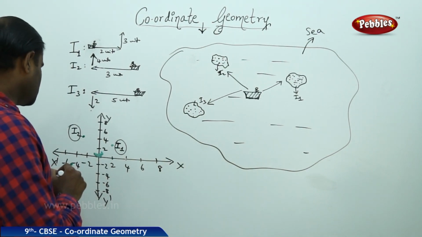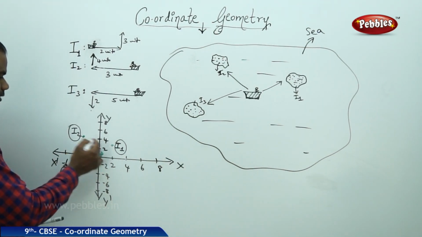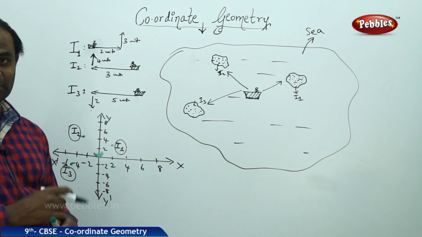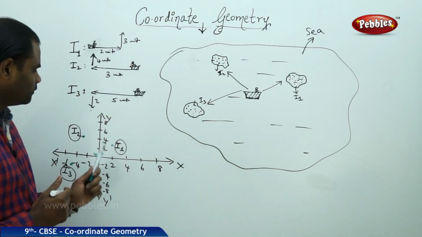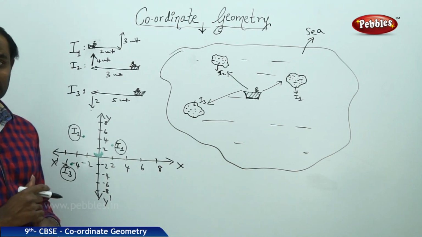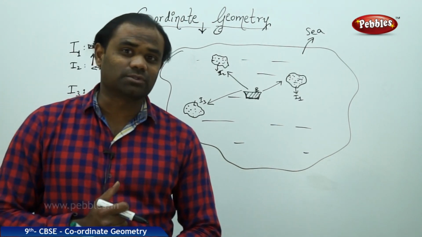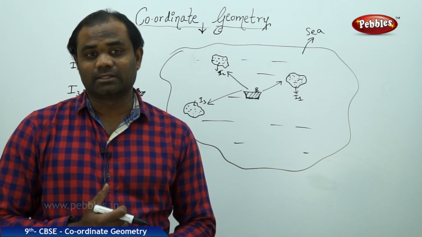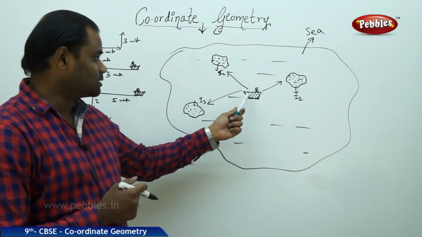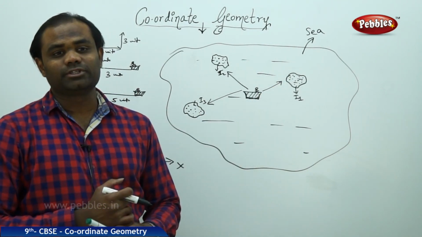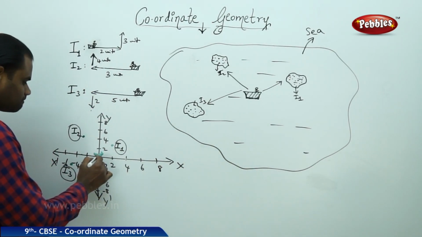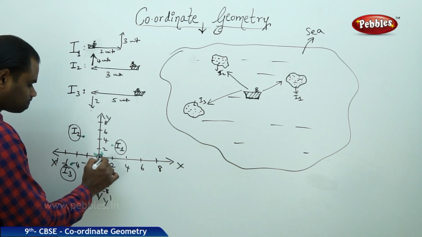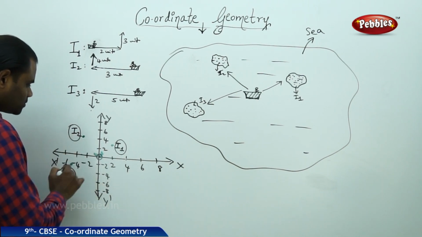Once I reach these 3 lands, I get that there are 3 positions which the ship makes. And the question is how we can find the nearest distance that the ship moves to reach the islands. Let's see what is the least distance made by the ship to reach each of the islands. As we see here, this is clearly the origin, and this is I1, I2 and I3.